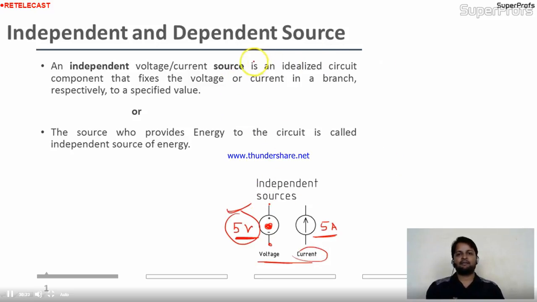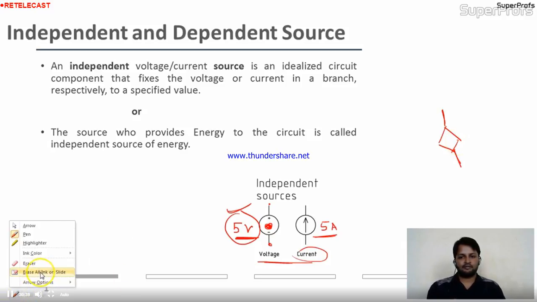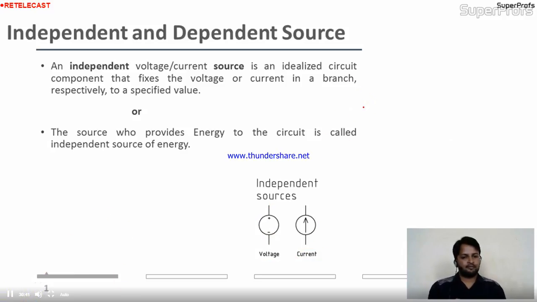But come to the dependent source. What is the dependent source? I think in the last slide we have seen the dependent source represented by this diamond type of structure.